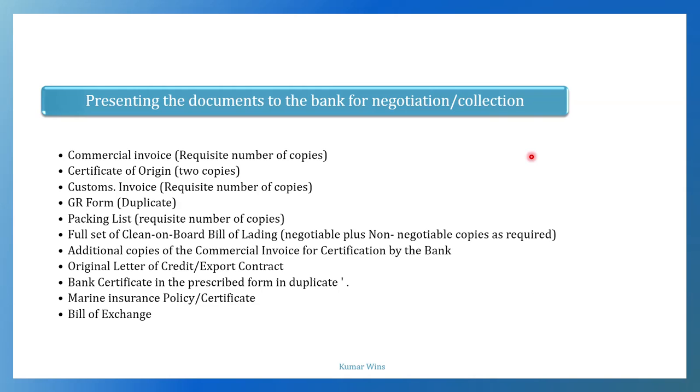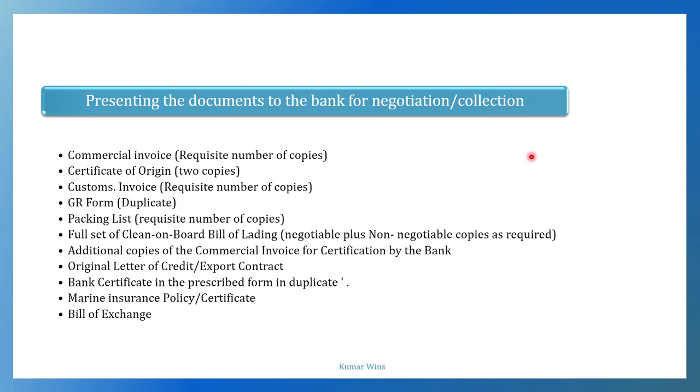Let me repeat: this exchange control copy, that is the exporter's copy, has to be submitted by the exporter along with other export documents to his banker within 21 calendar days from the date of bill of lading.